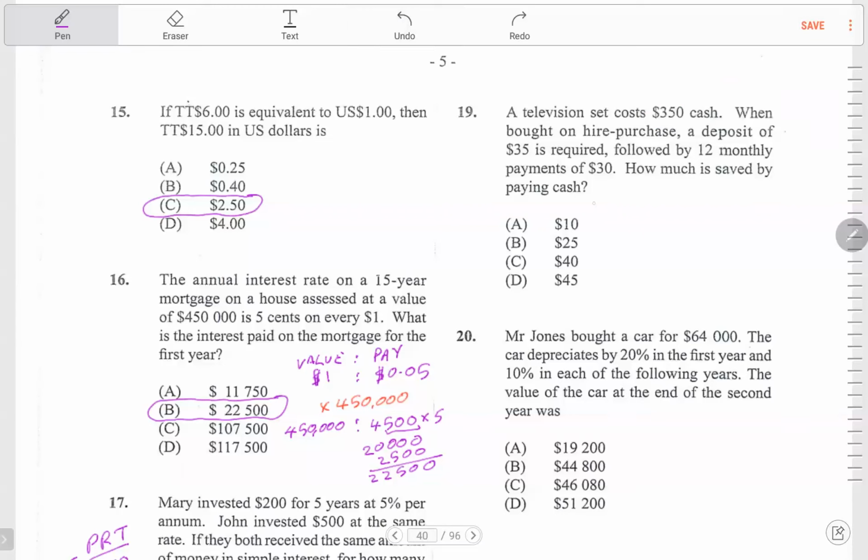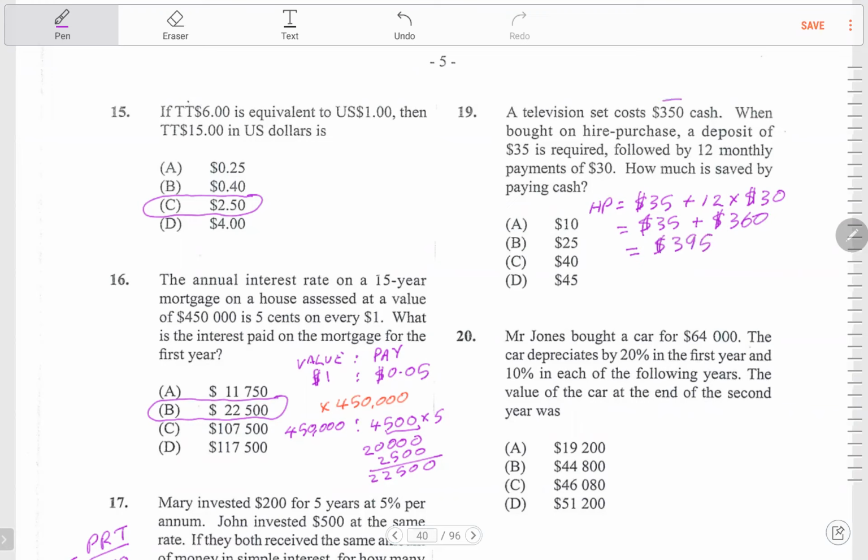So the hire purchase price is equal to the $35 that he pays upfront plus 12 times the $30. He pays $30, 12 times. Well, 12 times 3 is 36, so 12 times 30 is 360. So it's 35 plus 360, which then is 395.